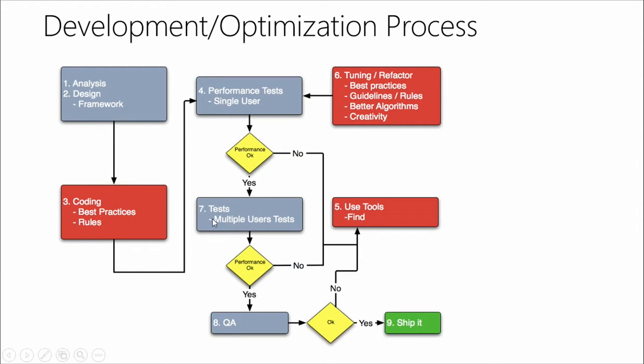Then very nice, you could move on to the next level, which is the multiple user test scenario. If not, you have to go back, measure, find the bottleneck, apply all the good things again, and repeat the test. Until you pass the multiple user test, then you pass to your QA, and then if everything is okay, then you could ship it.